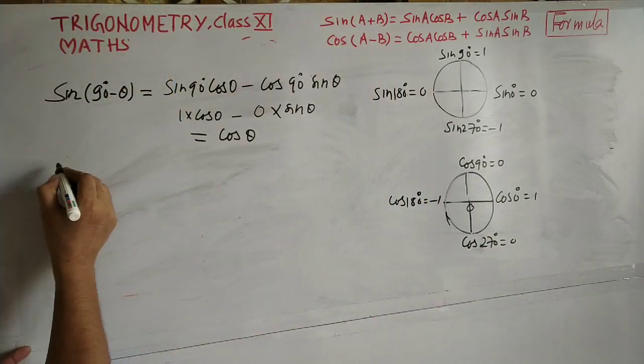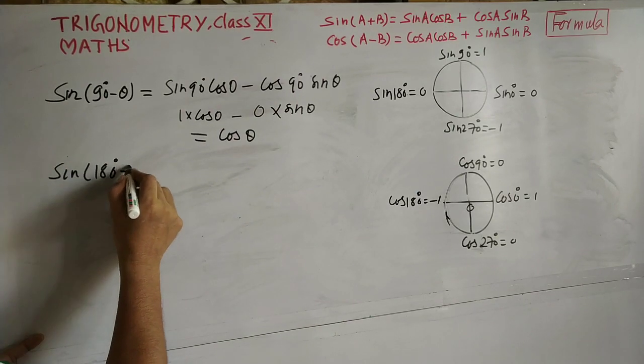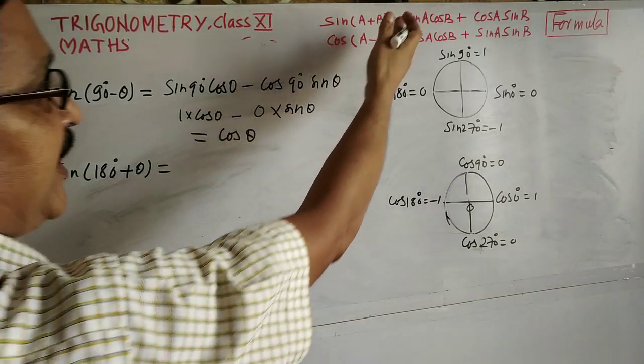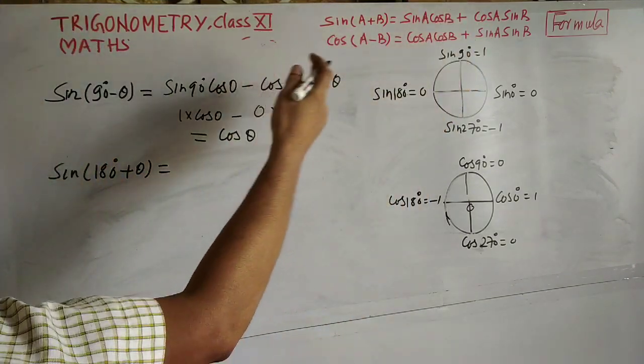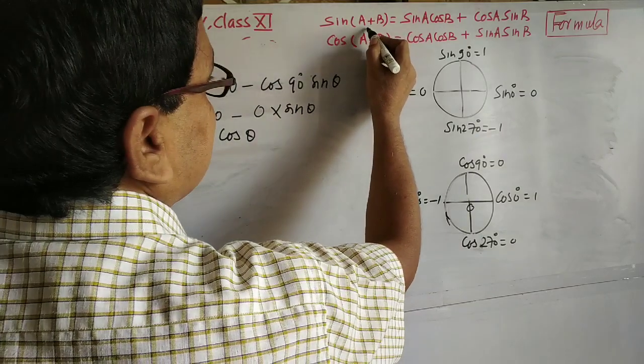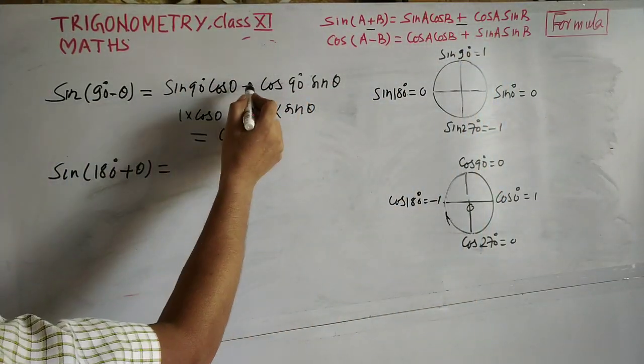Now suppose you have to find the value of sine 180 plus theta. Then use the sine formula: sine A into cos B plus cos A into sine B. For plus we use plus, and for minus we use minus.